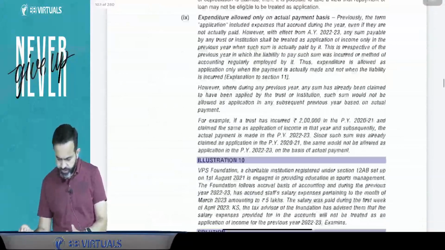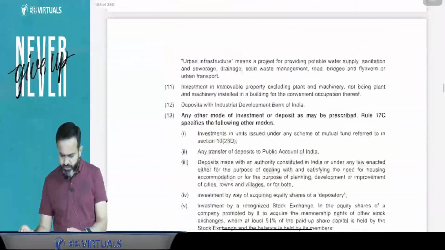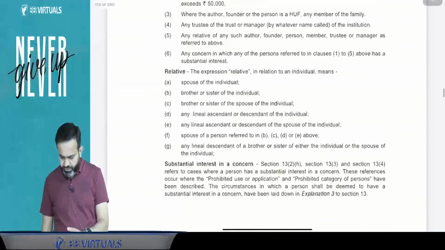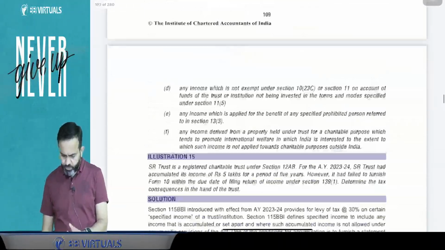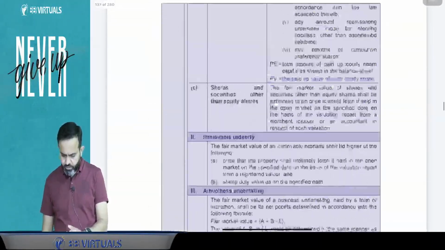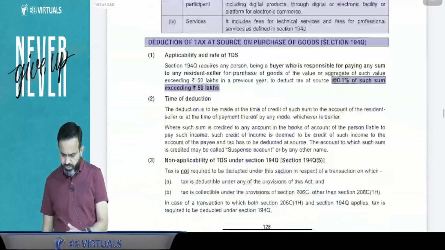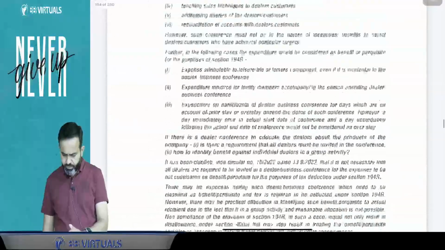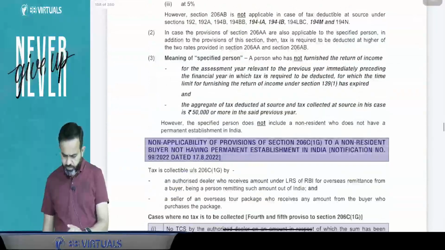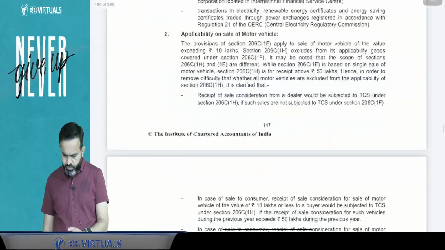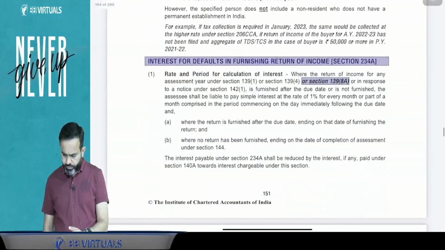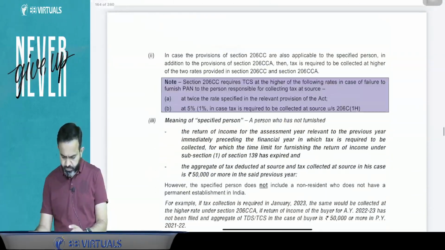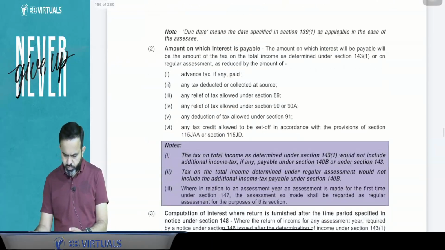So here guys, in the ICAI material, they have given the updated return after the topic TDS. Here it is about the updated return. 234A is given.